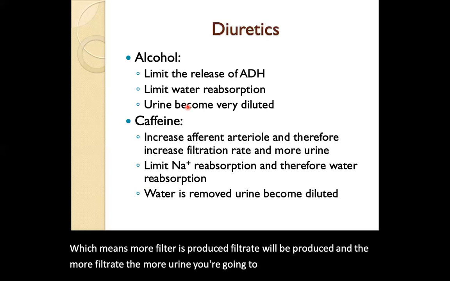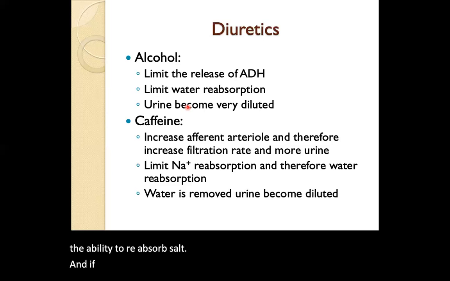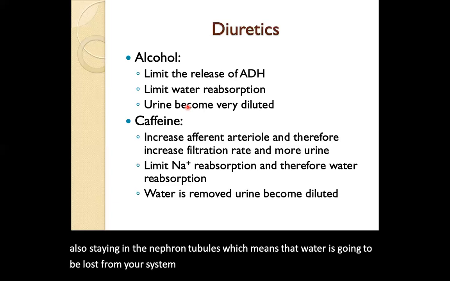It also decreases the ability to reabsorb salt. And if the salt is staying inside your nephron tubules, then water is also staying in the nephron tubules, which means that water is going to be lost from your system, and therefore caffeine is identified as a diuretic.